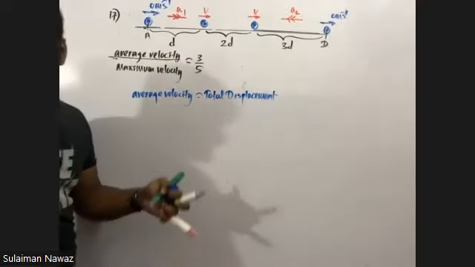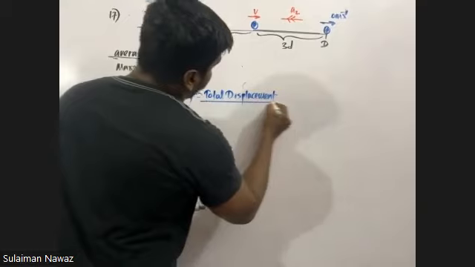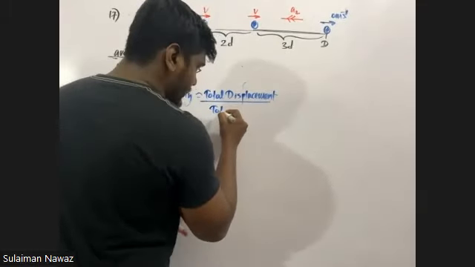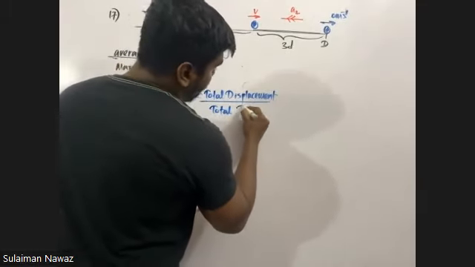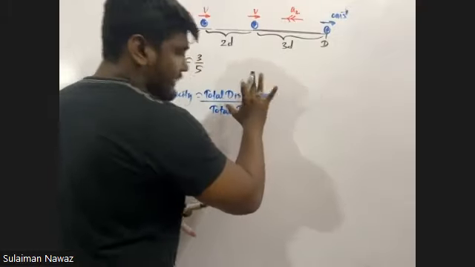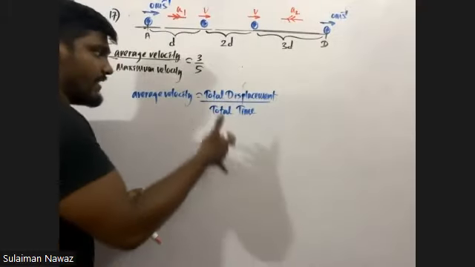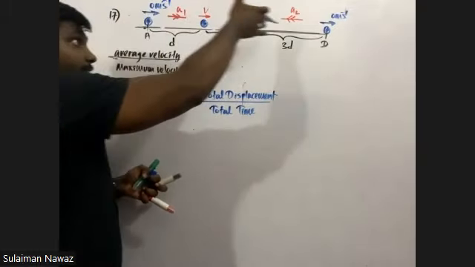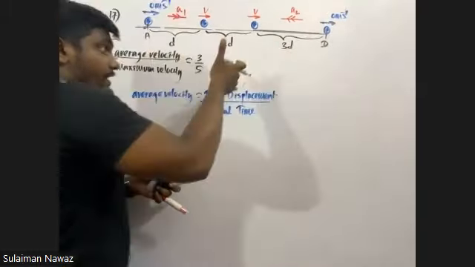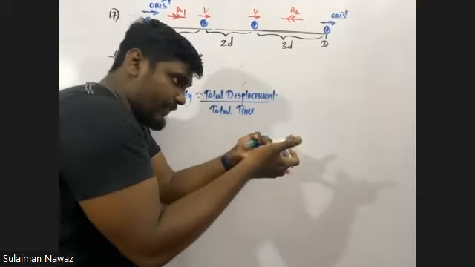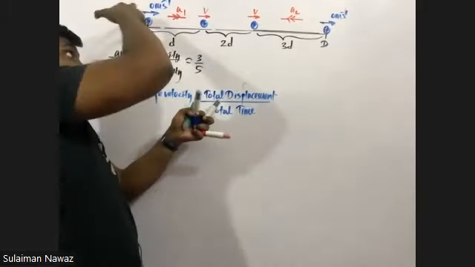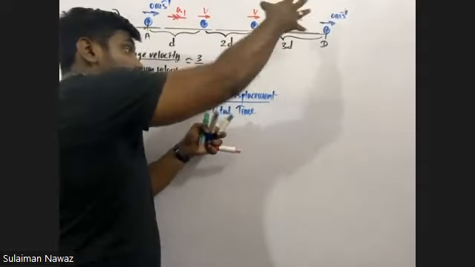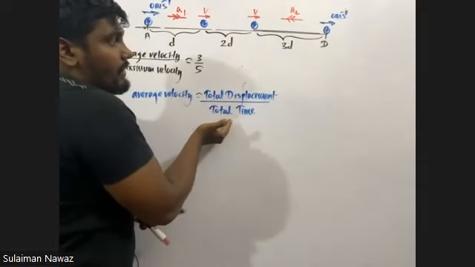Today the questions are somewhat complex. We learned that when you consider this entire motion, if you want to find the average velocity, you divide total displacement by total time.